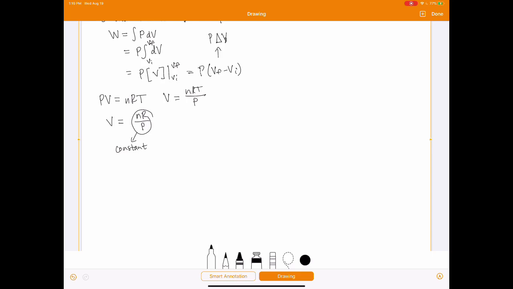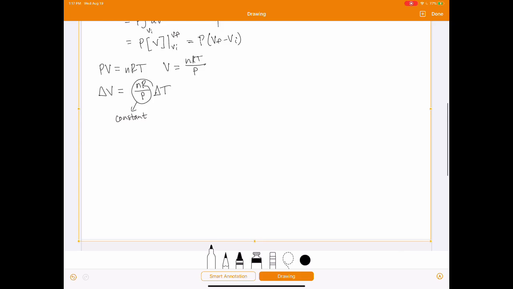R is always a constant. And in this case, pressure is held constant. So that whole thing is one big constant, and then we have temperature out front. So the point is, in a constant pressure process, the volume V is directly proportional to the temperature. Therefore, a change in volume delta V is that same constant nR divided by P times delta T. Because again, they're just directly proportional.